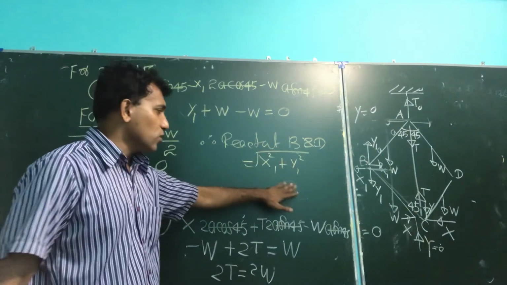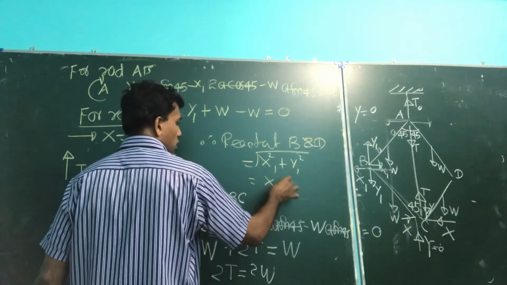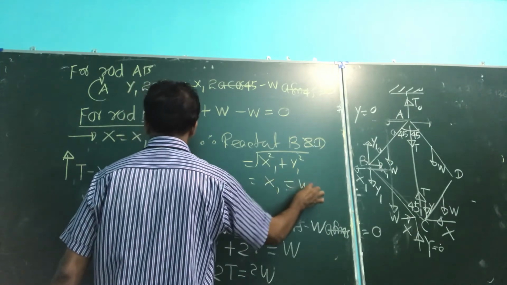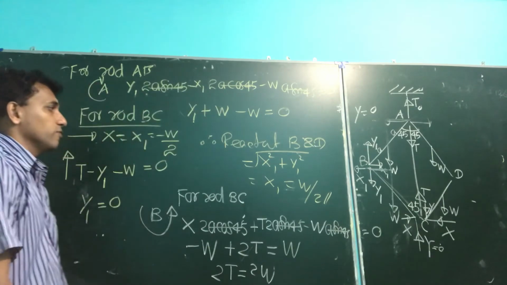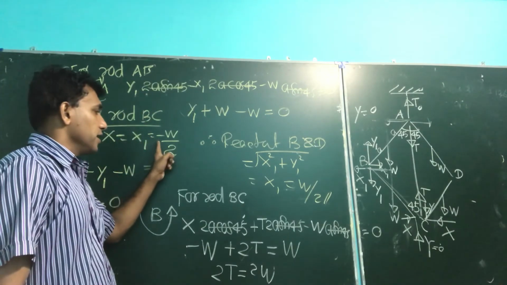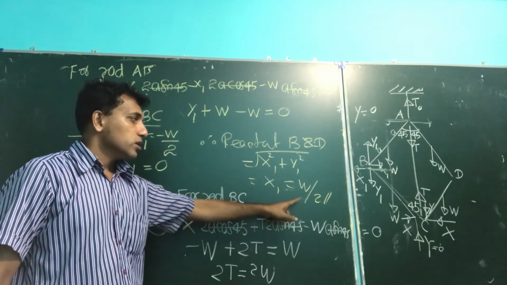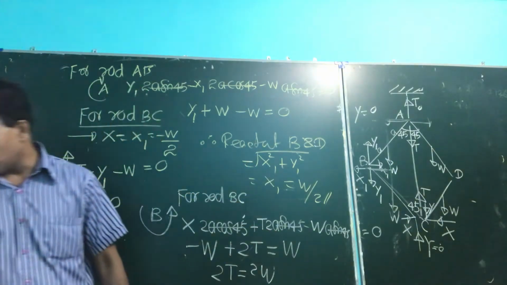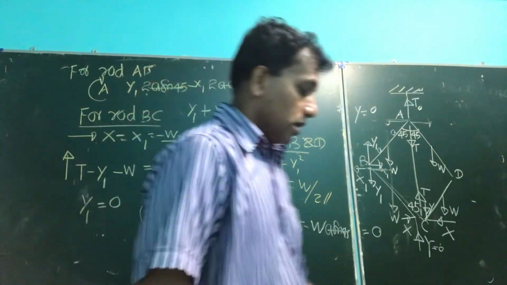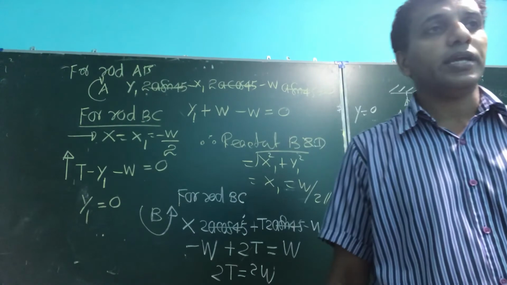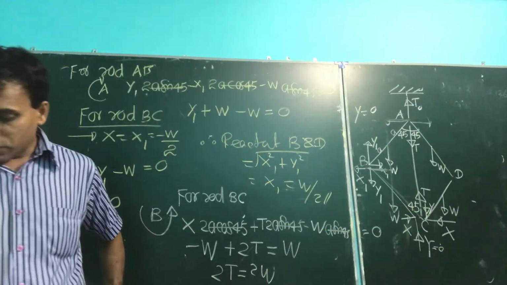You know Y1 is 0, therefore X1. In this case positive. So what is that? W by 2. If you write your X1 as minus W by 2, the square is positive. If you take it outside, it becomes W by 2. That's the reaction at the hinge B, right? B and D are the same. This is my question number 3.